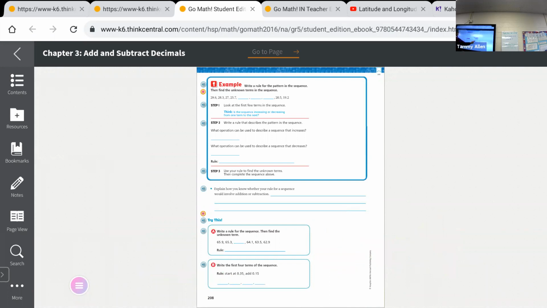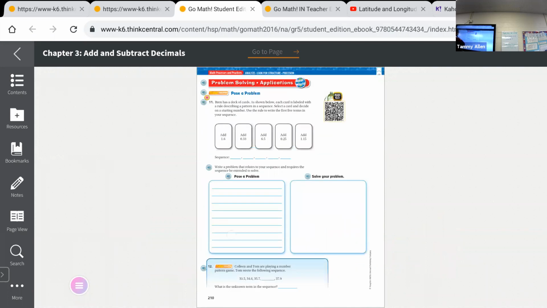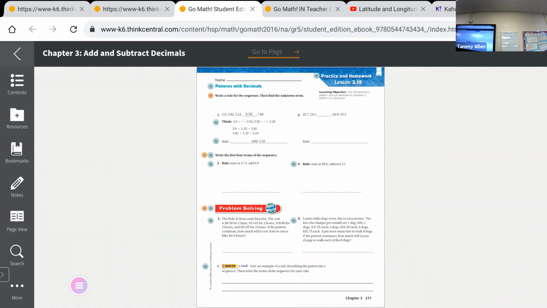Let's see what our assignment is. Okay, so if we look at page 211, on 211, 2 through 6, and then let's take a look at number 7.